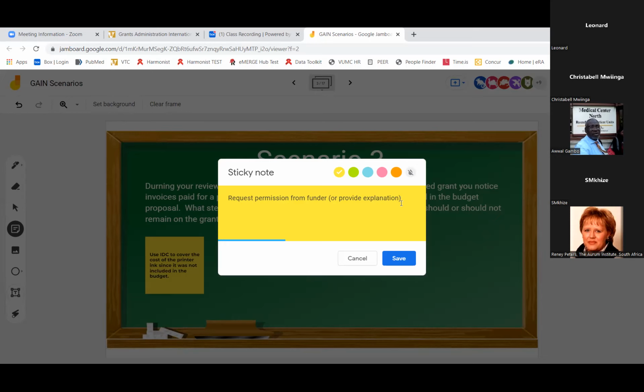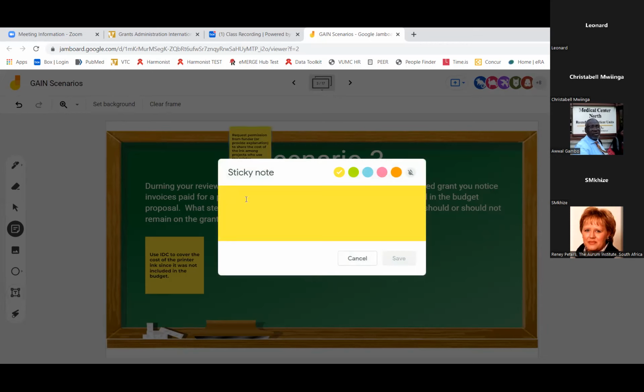Here, let me finish typing Sifiso's thing. To share cost of the ink among projects. Printer.